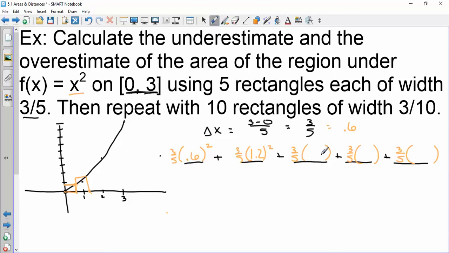To get my next value, we just have to add that 0.6 each time. So we're at 1.2. If I add 0.6, I'm at 1.8. If I add 0.6, we're at 2.4. If I add 0.6, I'm at 3.